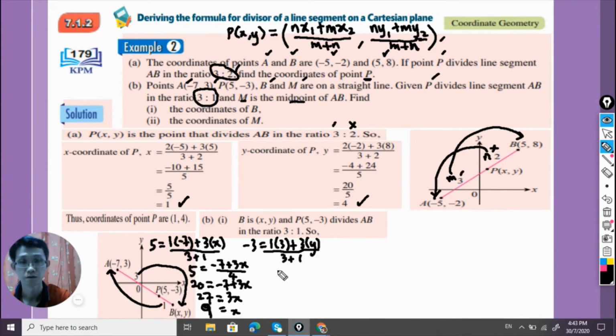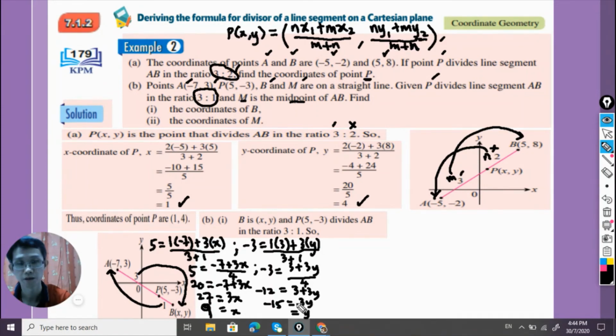To simplify, you should get -3 equals 3 plus 3y over 4, and then by moving 4 over, you get 3 times 4, which is 12, equals 3 plus 3y. Then by moving 3 over, you get 15 is equal to 3y.